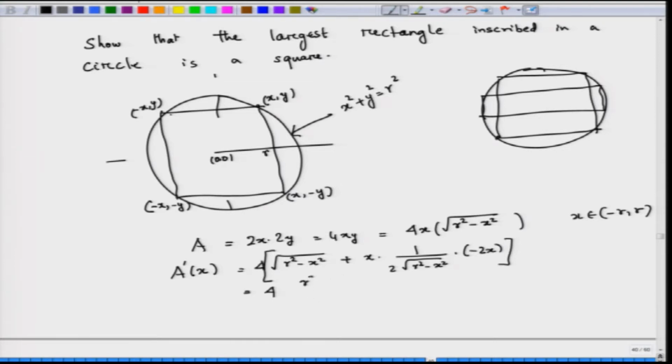So, this is r square minus x square, and here minus x square, divided by square root of r square minus x square.